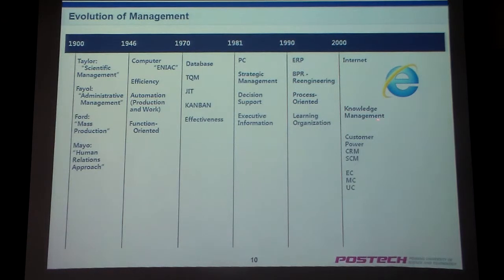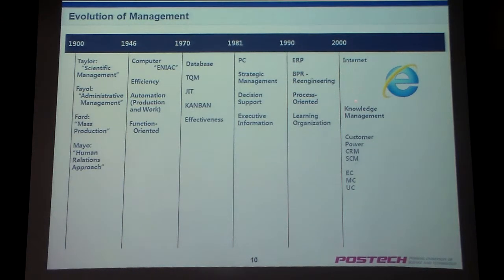And then knowledge management started, and the customer has more power, and CRM, customer relationship management, which is a customer-oriented concept, and SCM, supply chain management, and then EC, electronic commerce, mobile commerce, and ubiquitous commerce. Those concepts started with the internet.